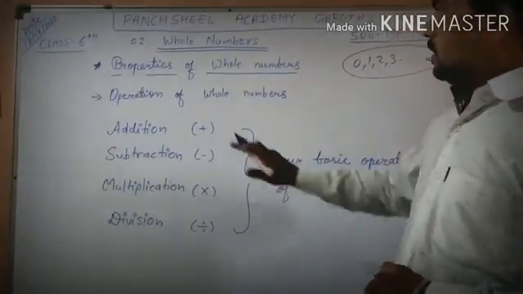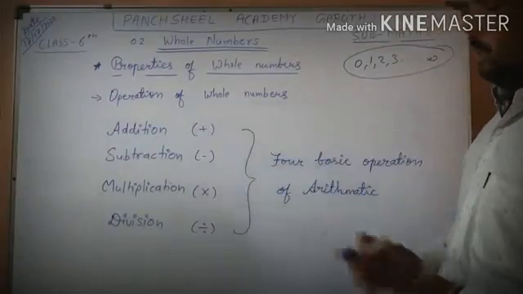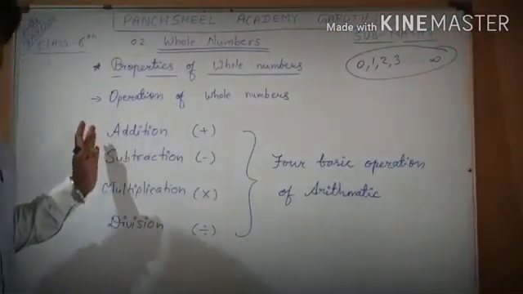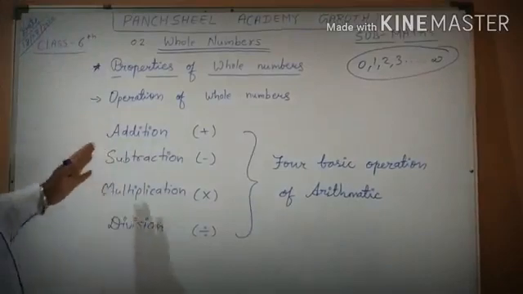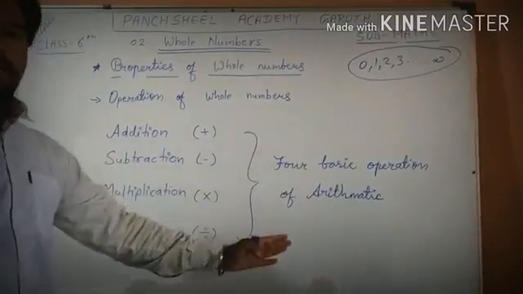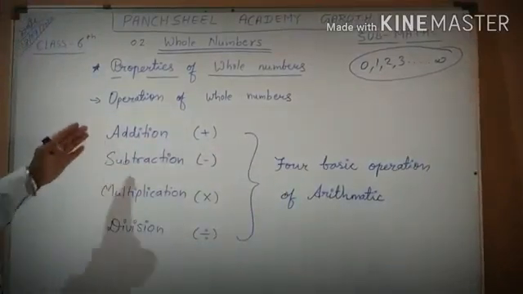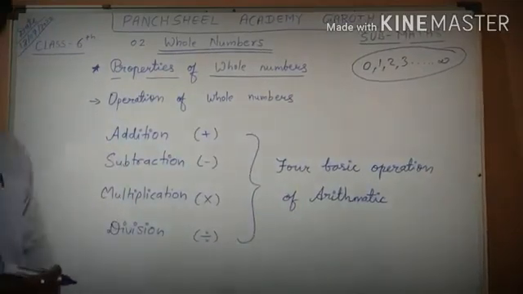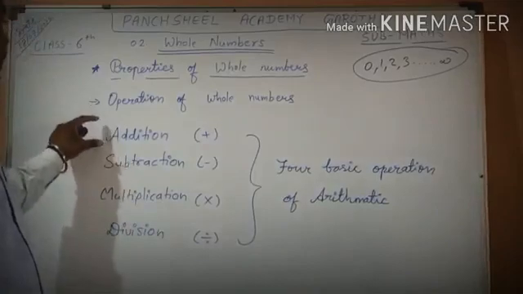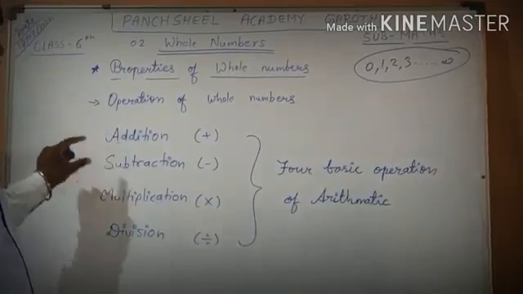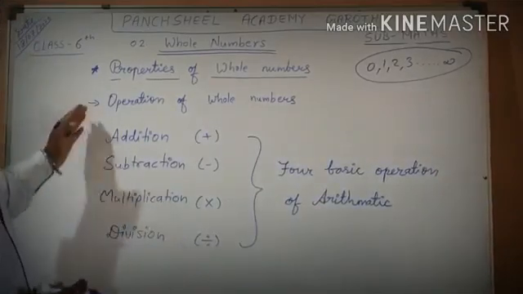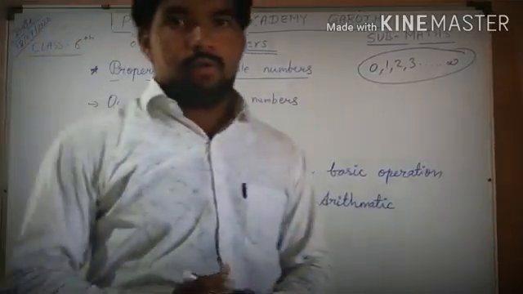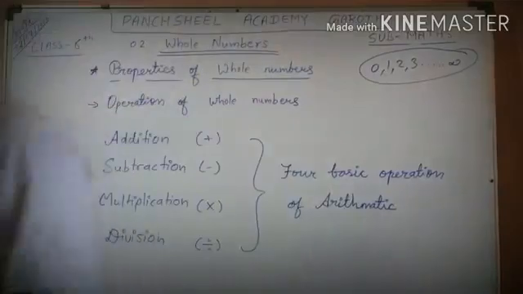In this chapter, on operations of whole numbers, we have the four basic operations of arithmetic, which are addition, subtraction, multiplication and division. One by one we will see these four basic operations of arithmetic.